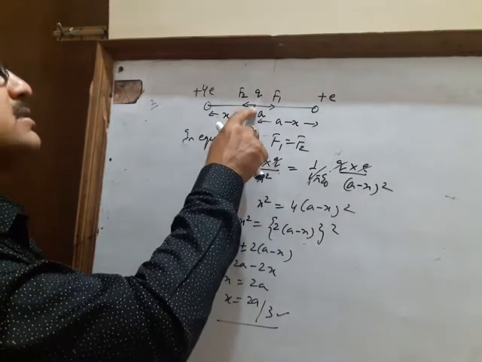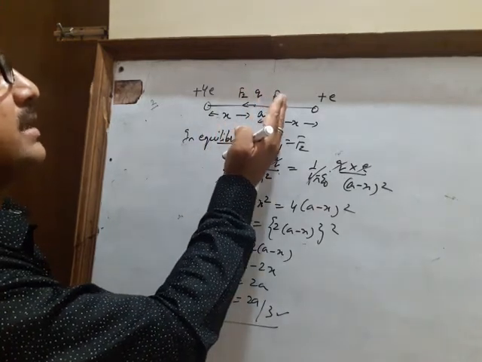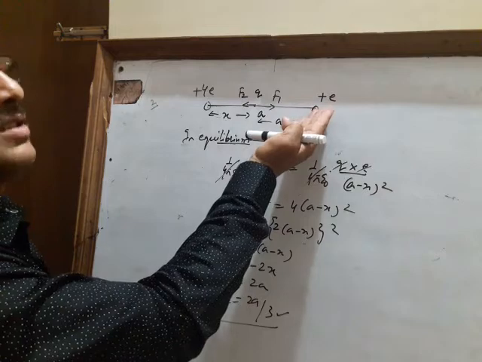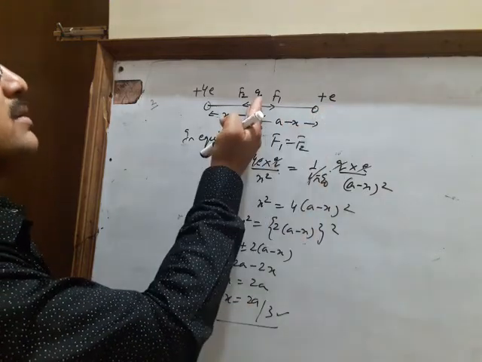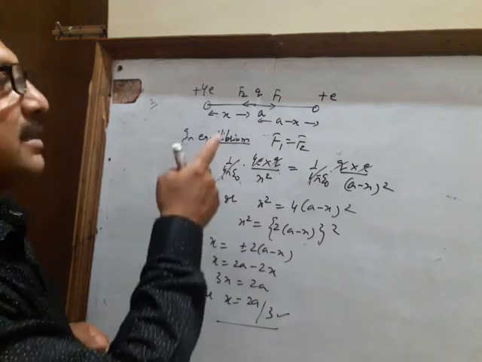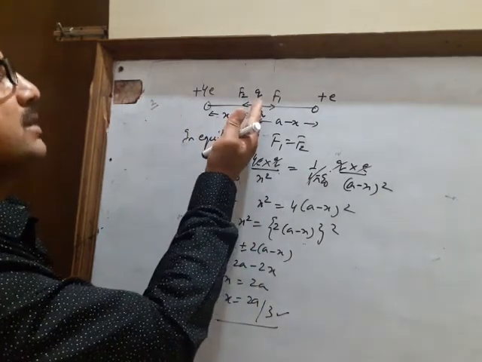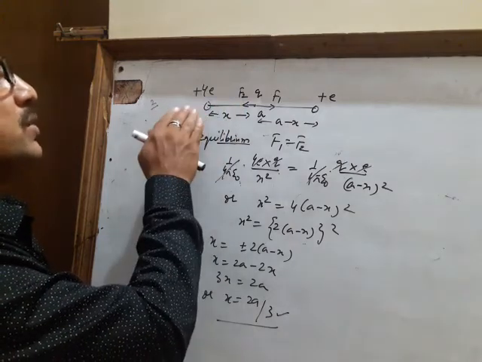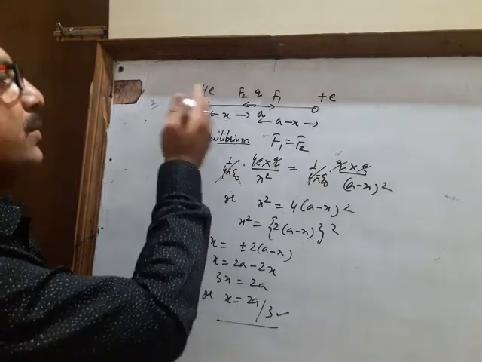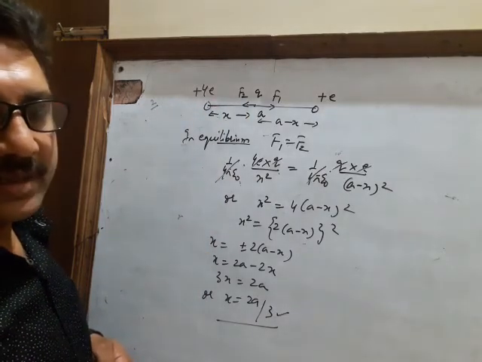Now if I say this charge is negative, and once again you displace the charge towards the right, what will happen? The force due to plus e will increase, and this minus q charge will be pulled towards plus e, and the equilibrium is disturbed. In the same way, if you move this charge minus q towards the left side, the force due to plus 4e will increase and it will pull minus q towards itself, hence the equilibrium is disturbed.